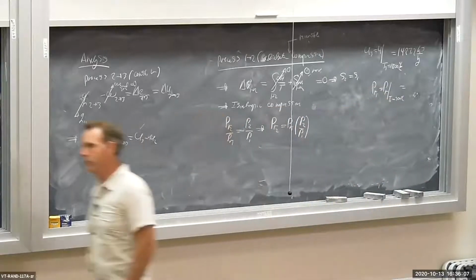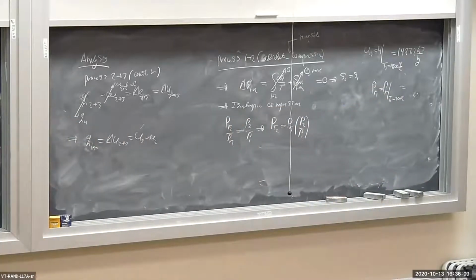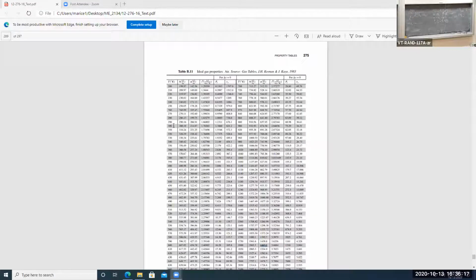I can get that from a table. PR at T1, 300 Kelvin, is 1.386. So PR1 is 1.386.